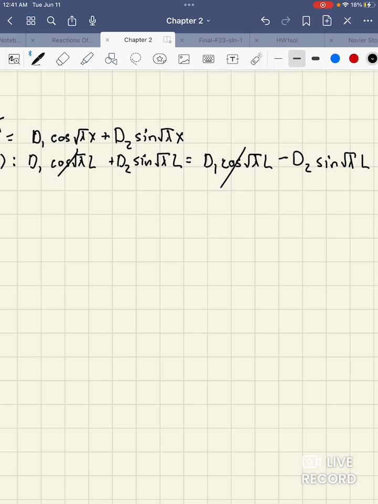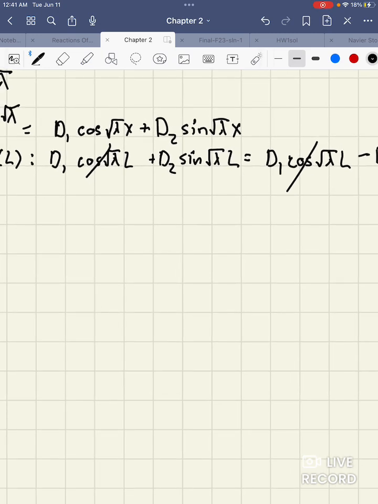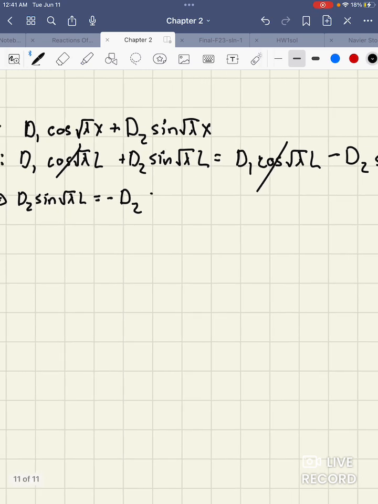So d2 sine of square root lambda L is equal to negative d2 sine of square root lambda L. Now this is only possible if our constant d2 is 0 or square root lambda L is equal to 0.